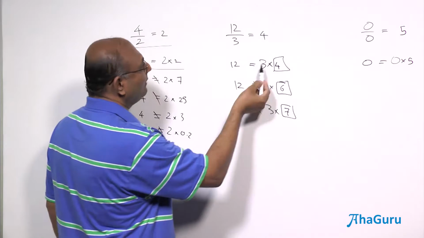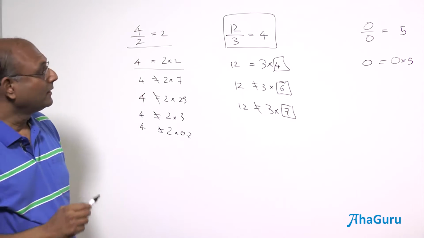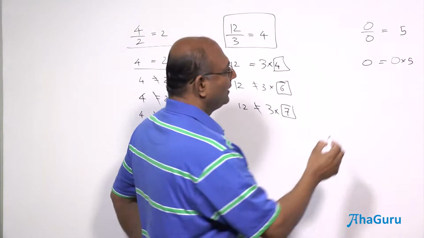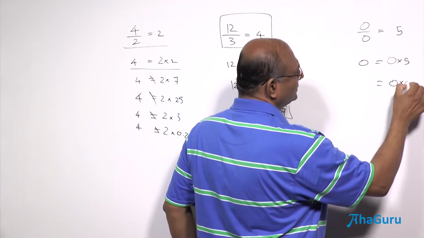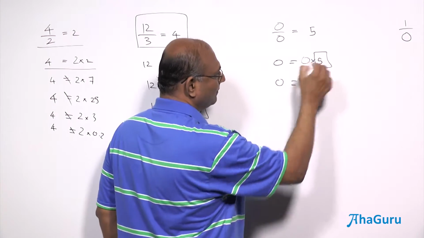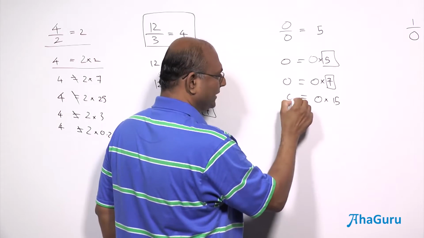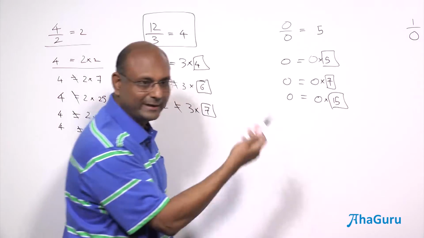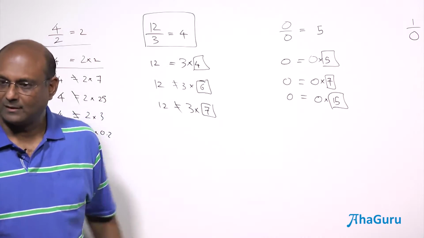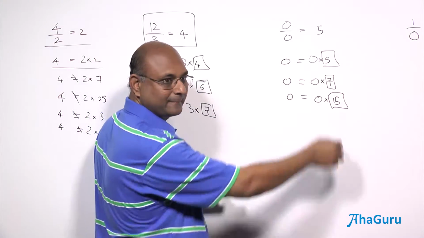Therefore, we say 12 by 3 is 4, unique. Whereas with 0, if I try 0 into 7, that's also 0. So I can fit 7 into this box. I can say 0 into 15, 0. In fact, 0 into any number, negative or positive, and 0 into 0 is also 0. So any number will fit in.